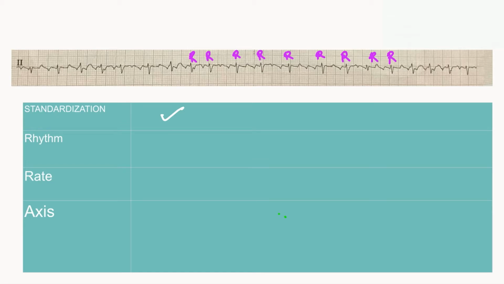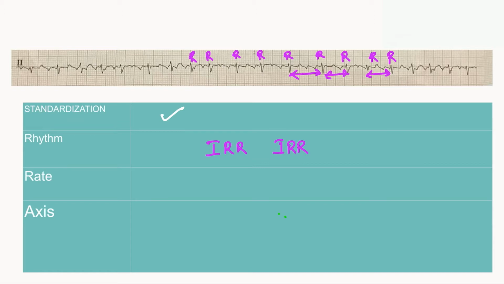So, this is an irregularly irregular rhythm because this RR interval is different from this RR interval and it is different from this RR interval. Usually, regularly irregular rhythm occurs in the case of ectopics, either atrial ectopics or ventricular ectopics. So, the rhythm is irregularly irregular.